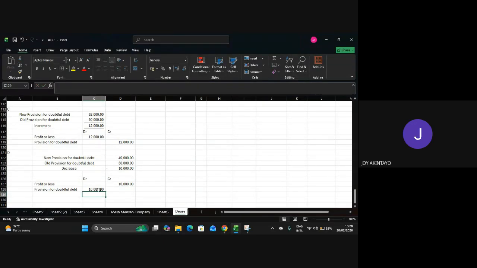So now, if you are to reduce your trade receivables, you are reducing it with 40,000 cedis. Are we together? When you get to the statement of financial position, the trade receivables that will be in your statement of financial position will just be what you have in your trial balance, which is 500,000 cedis minus 40,000 cedis.